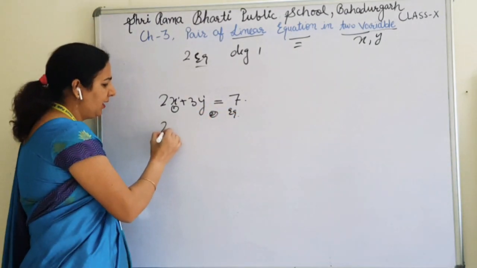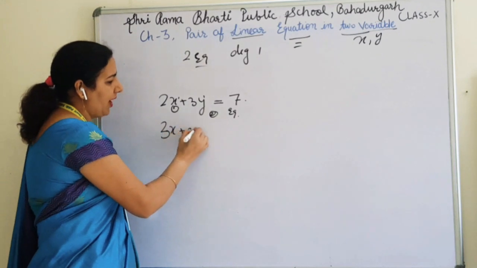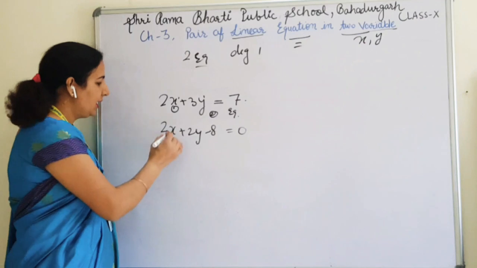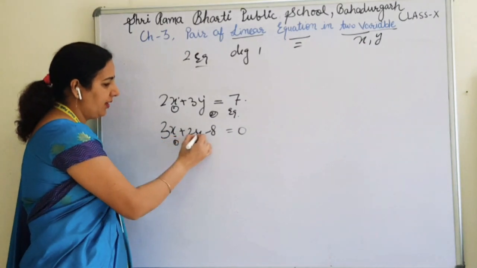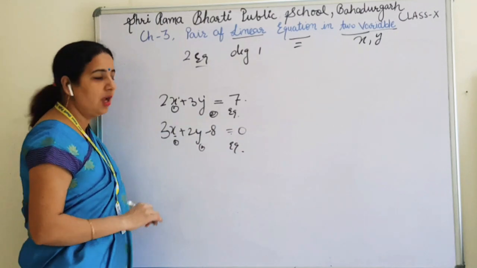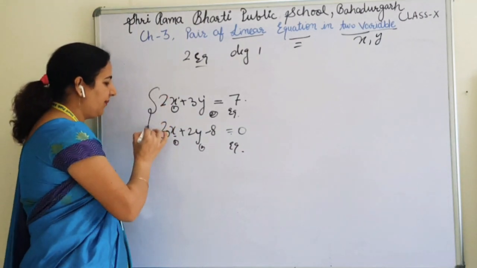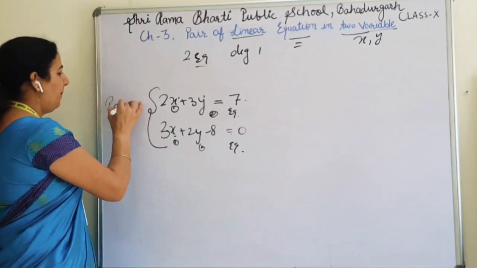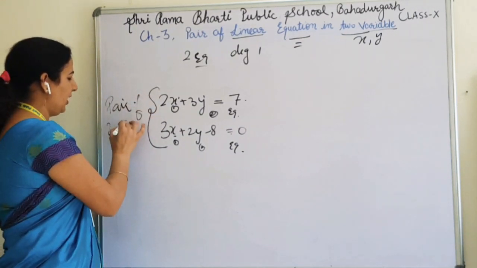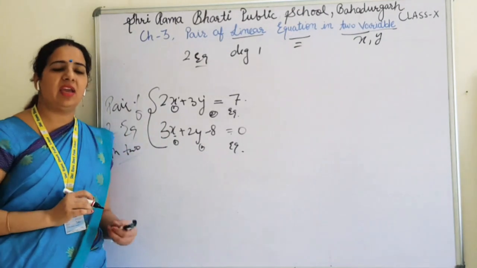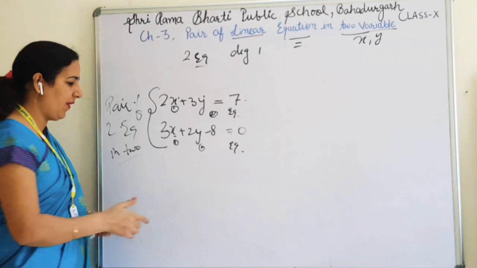If I take 3x plus 2y minus 8 is equal to 0, x has degree 1 and the equality sign means it is an equation. Clear? So when we take both of these together, it will be known as a pair of linear equations in two variables.